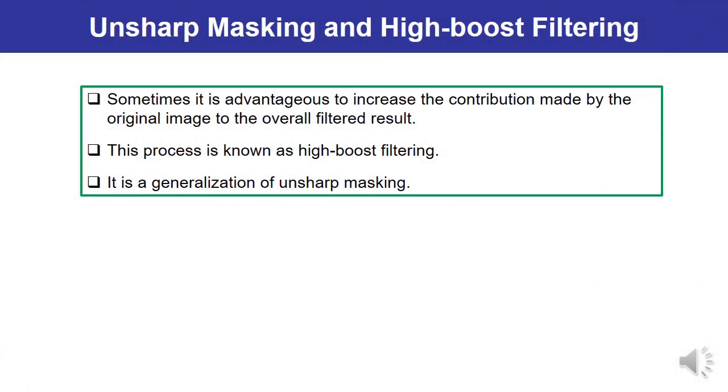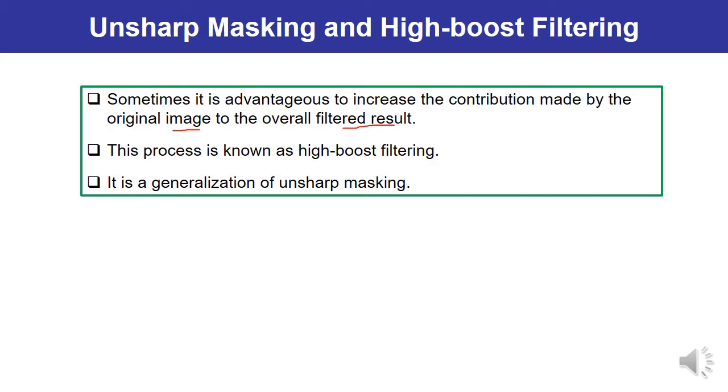Next and last topic of today's lecture is unsharp masking and high boost filter. Sometimes it is advantageous to increase the contribution made by the original image to the overall filtered result. Here we are talking about increasing the contribution of the original image in the output.